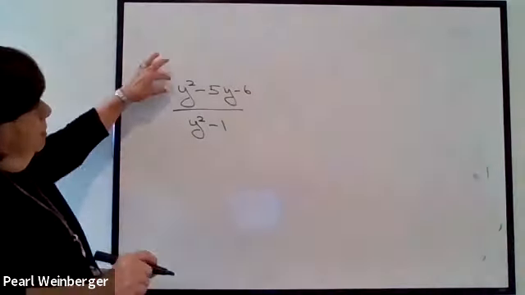It has to be the same factor. But don't think, for example, 6 is a factor here, or 1 is a factor here. A factor is something that's multiplied. But we know how to find factors. What we have to do is actually factor our numerator separately and our denominator separately, and then compare and see if we see any like factors.